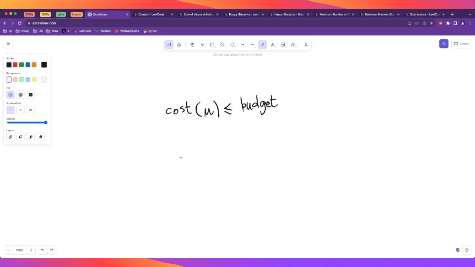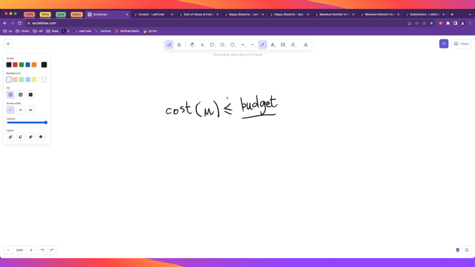So that means that there are going to be some small U's. For example, U equals 0 is going to have cost 0, so this condition is going to be true. So this is a constant, right? And once we increase the function, at some point we're going to exceed the budget, and so the condition is going to be false.